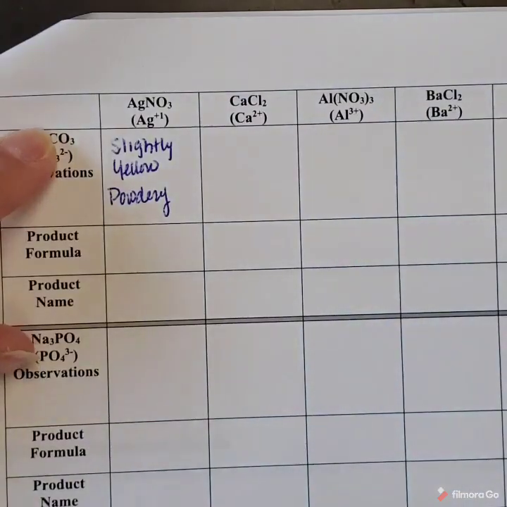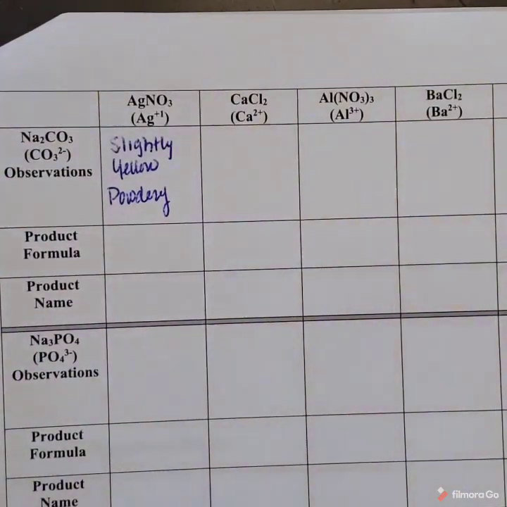As I went through the video, I tried to tell you if it was powdery or gel-like or thick and goopy. So you're going to do your best. I definitely want colors, and do your best on whether it's gel-like, clumpy, powdery, etc.